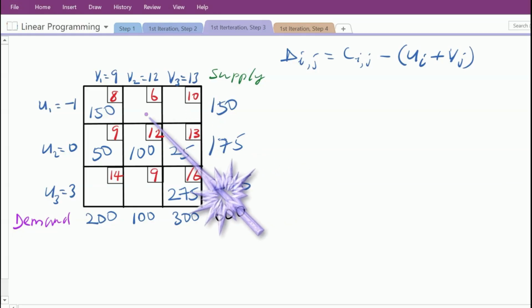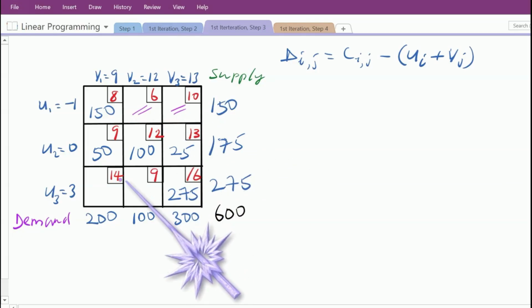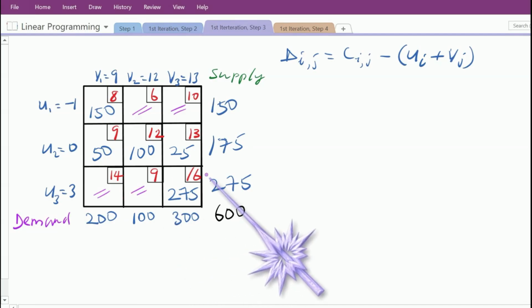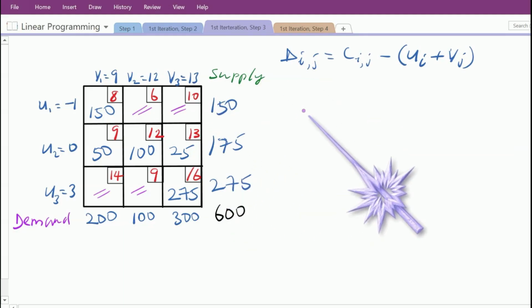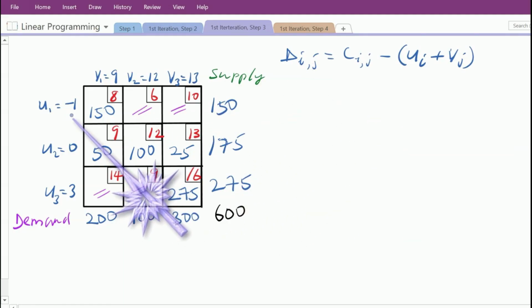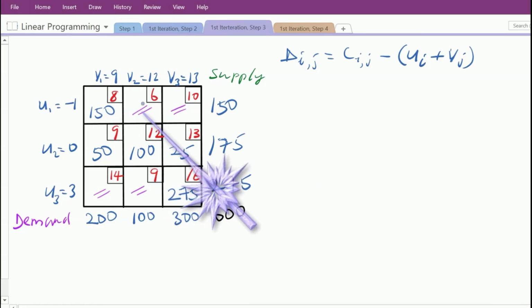That is these cells. This one, this, and this. We're going to calculate delta ij for these cells. For the first one here, this is row 1, column 2.